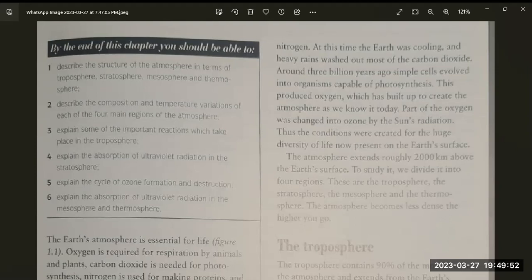All right, so let us see what we can salvage from this. It's just saying by the end of this chapter, we should be able to describe the structure of the atmosphere in terms of the troposphere, the stratosphere, the mesosphere, and the thermosphere. As we discussed last time, the atmosphere is broken up into 4 different sections.